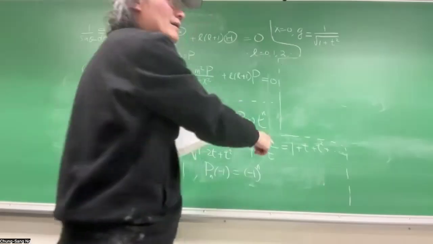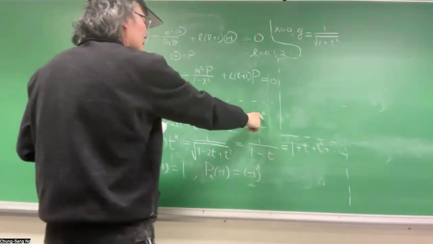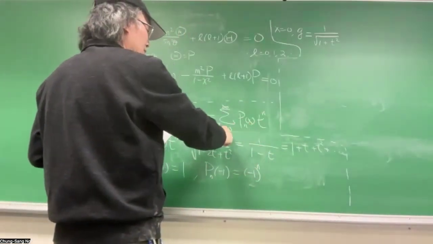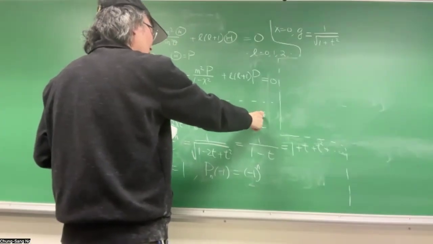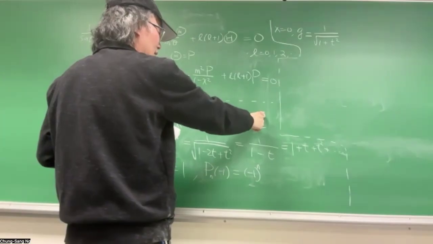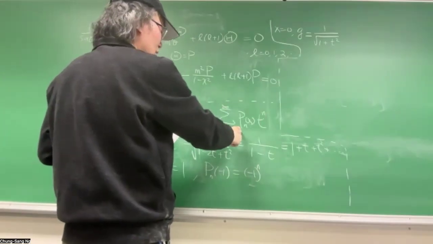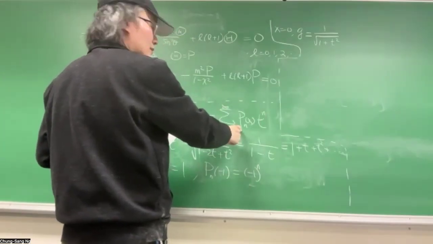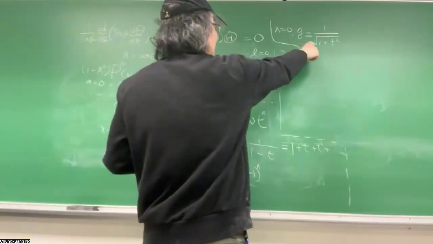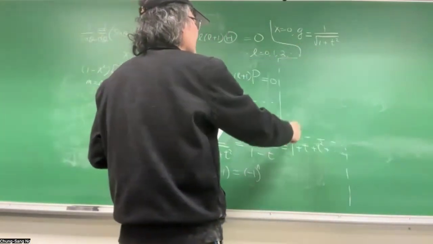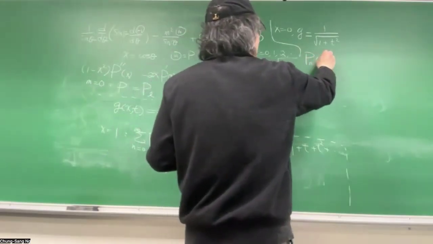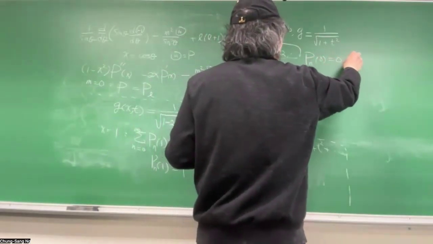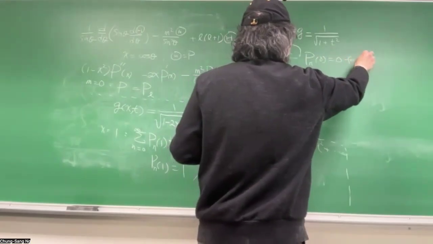So you make it a power series of t to the n. So for all the odd terms, if n is odd, the coefficient must be 0, right? Because this is only a power series of t squared. You only see that P_n(0) is 0 for odd n.